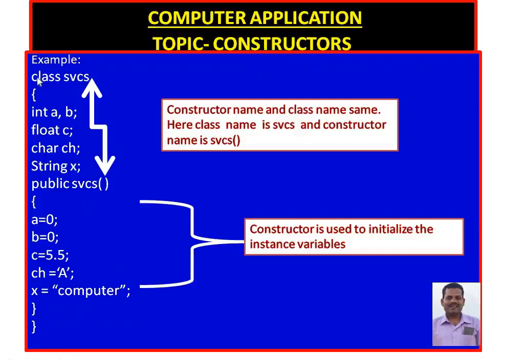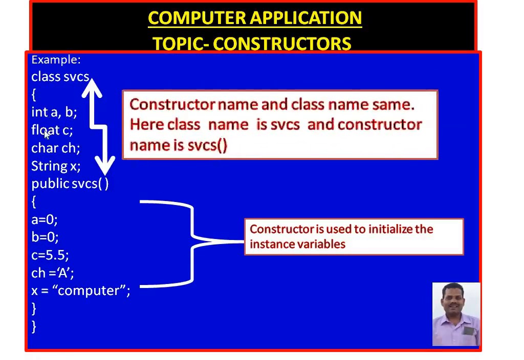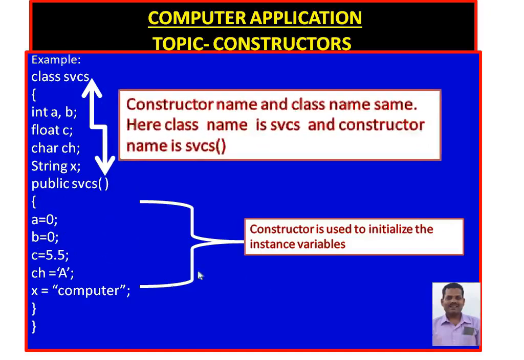Now here I have taken the class name as SBCS and the constructor name will also be SBCS. Here are int a, b, float c, char ch, String x. All these are the instance variables. Then this is the constructor. Within this constructor, all the instance variables are initialized. That means the constructor is used to initialize the instance variables.